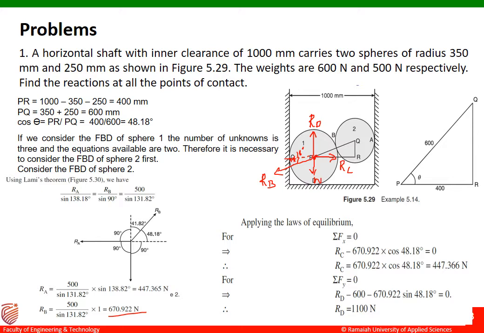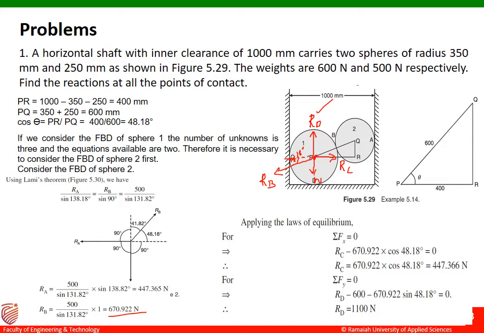You can see theta is making an angle of 48.18 degrees with respect to the horizontal. That's why it is cos 48.18 degrees, equal to 0. You'll get the answer for RC, that is 447.366 Newton. This is how RC is found.